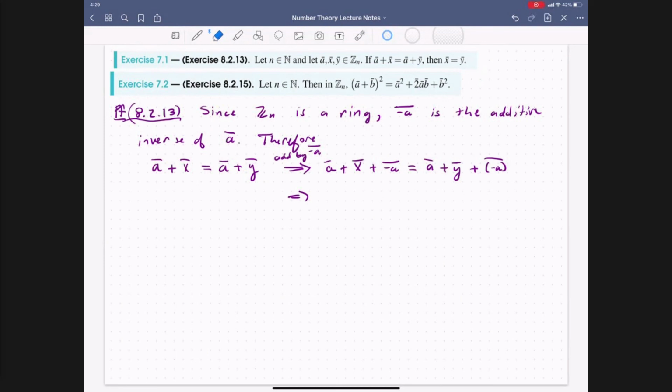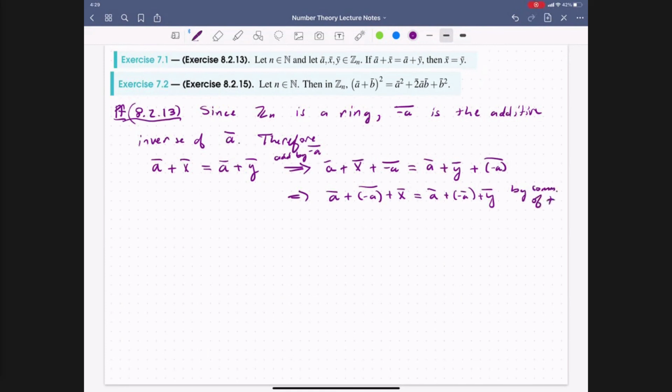So technically, we want to first do this as a bar plus minus a bar plus x bar. And so here we're using the fact that it's commutative, by commutativity of addition.